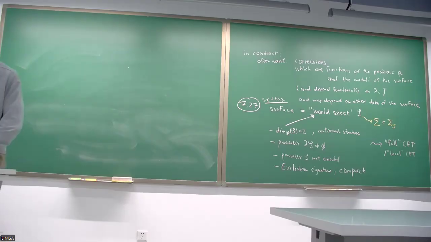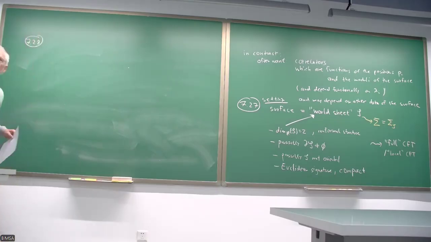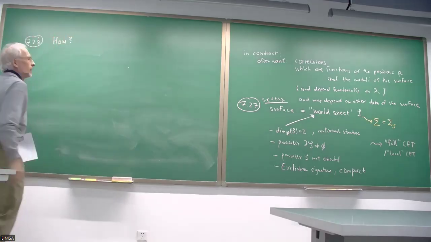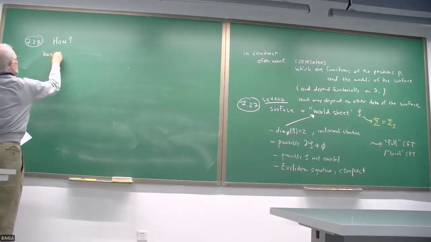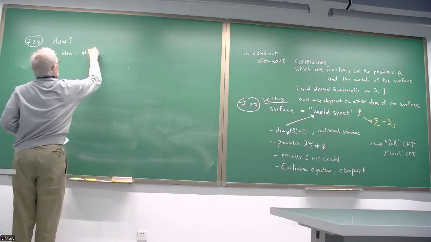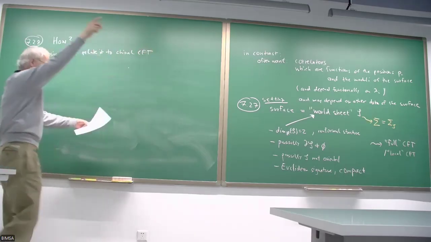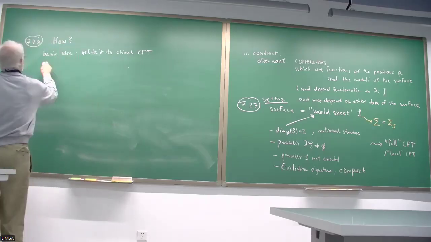So let's see how we can now formulate what we want from a conformal field theory in such a situation. The basic idea or prescription is that we relate it to chiral CFT. We know a lot about chiral CFT, and then we can use that knowledge. What does this mean?